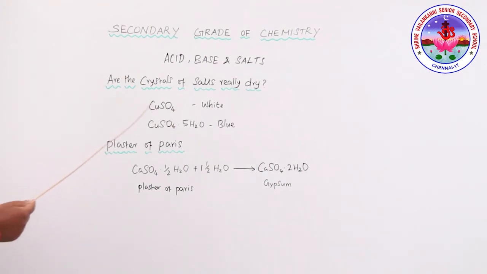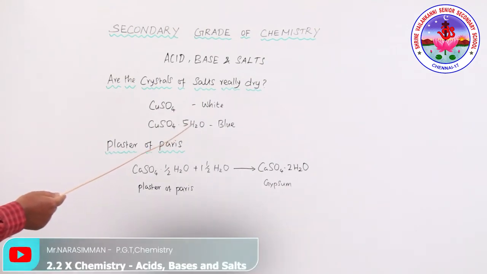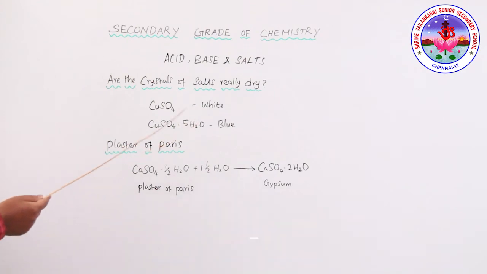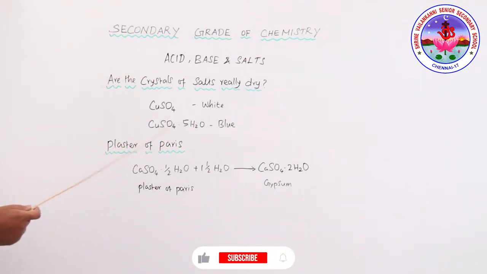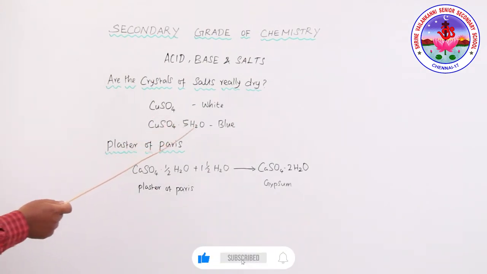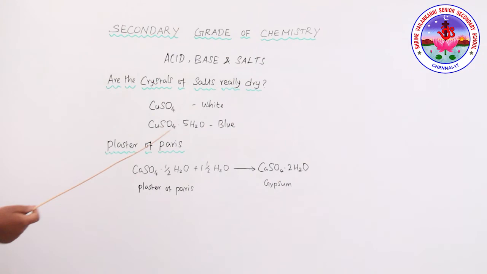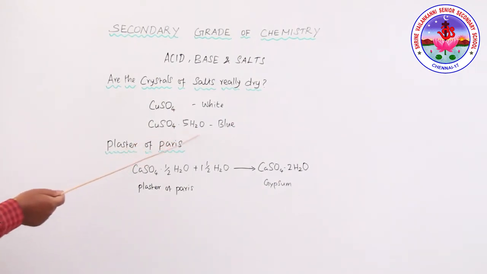When we heat the crystal, this water is removed and the salt turns white. If you moisten the crystal again with water, you will find it blue in color again. So water of crystallization is the fixed number of water molecules present in one formula unit of the salt. So 5 water molecules are present in one formula unit of copper sulfate.